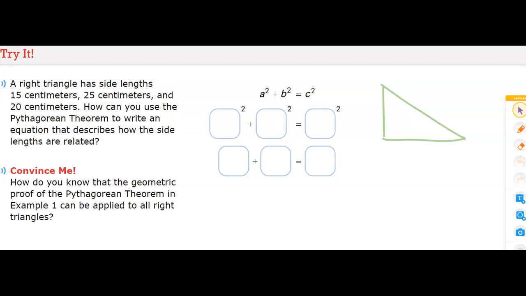So we simply put the side lengths: this side and this side.